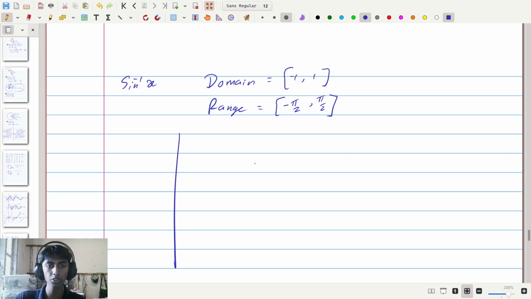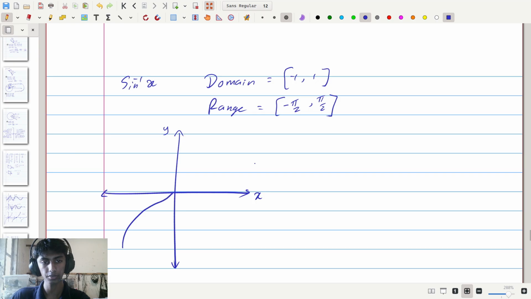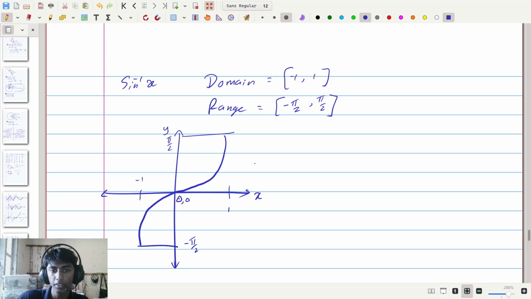If we want a value outside of this range, we need to do some addition or subtraction of π/2s or pi's in order to get to that location. If I draw the graph of x, y, sine inverse x would look something like this. If I mark some special values on this graph, -1 gives -π/2, 1 gives π/2, 0 of course gives 0, and let's see what else.